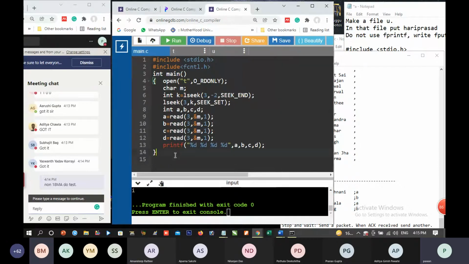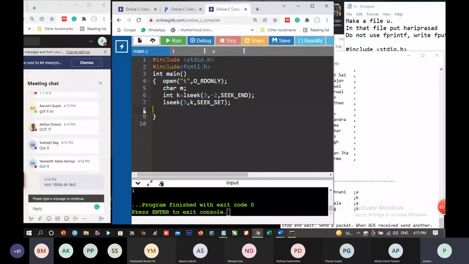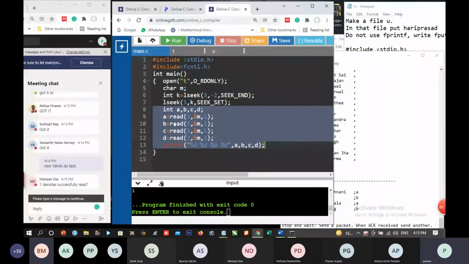Now students of 18 MA, I am telling you a few things. First of all, why the output is different on Unix, and if someone has Unix, you can see this. In this case, the things will be different. Why? In this case, what is going to happen? Once we use this, what will be the value of M here?